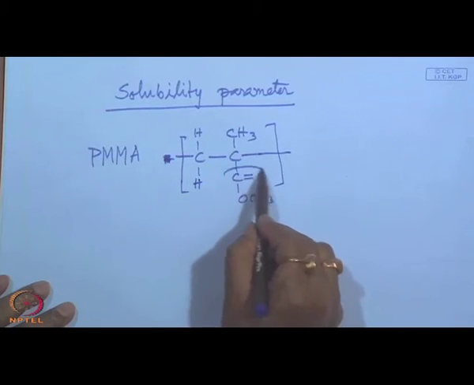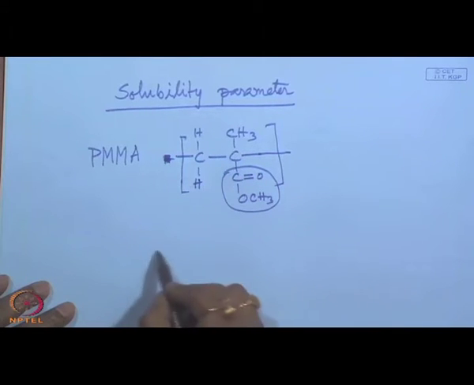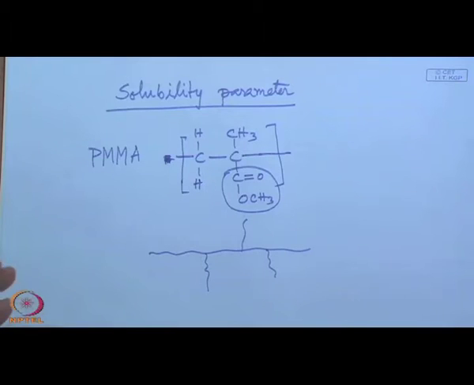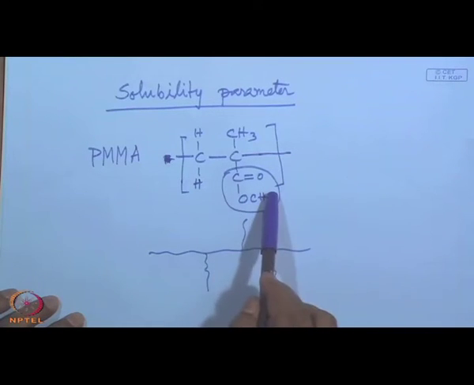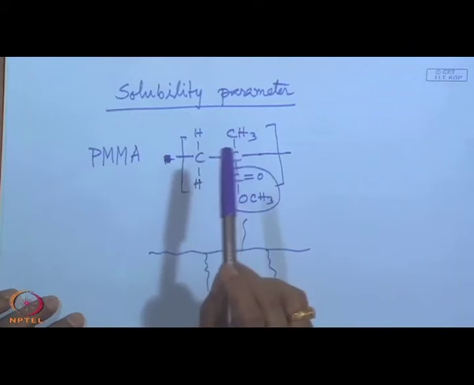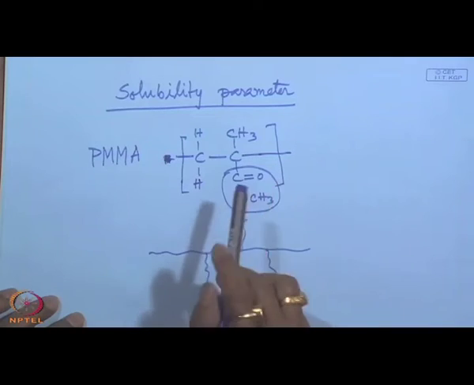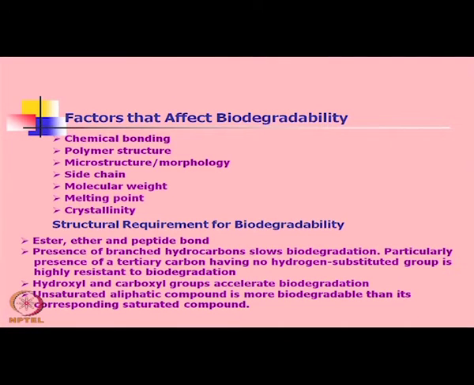This is a substituent, or you can say side chain, or a polymer can have a side chain or branch like this. So, whether the polymer contains a side chain or not, whether the side chain is polar or non-polar in nature, this is a polar side chain, this is a non-polar side chain or side group, etc., that also influences the biodegradation or degradation by microorganisms.